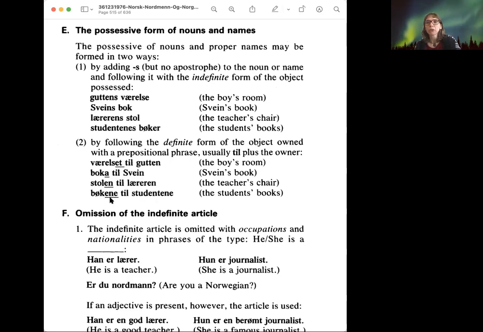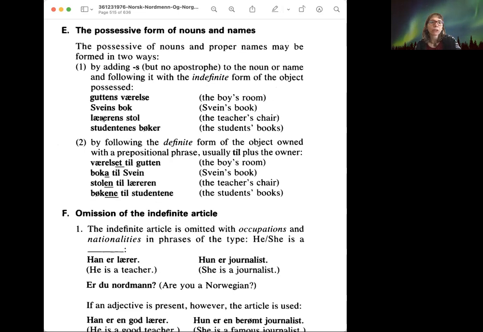Now we want to make sure we're using the definite plural form, saying the books, and not just books to the students. And also students is the definite form, the students, and not just saying students. Bøkene til studentene. So those are the two ways that we show possessive of nouns and proper nouns in Norwegian.